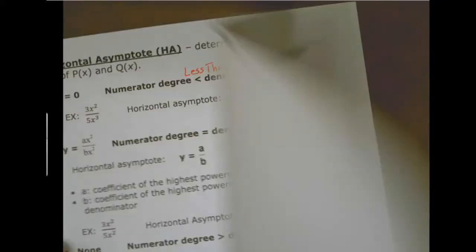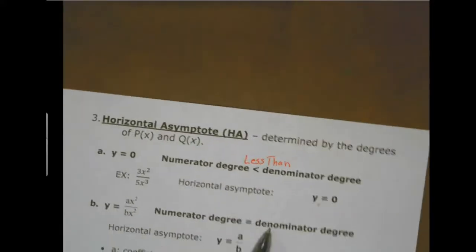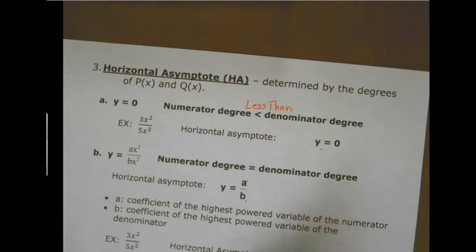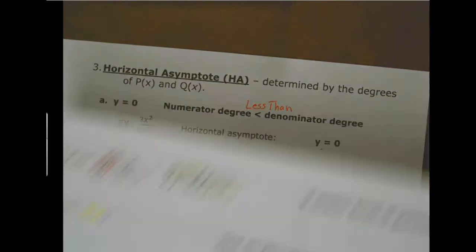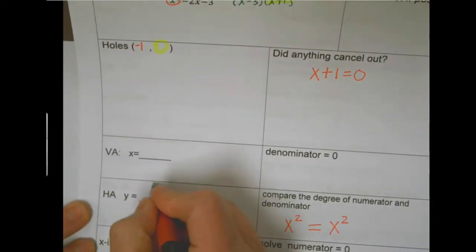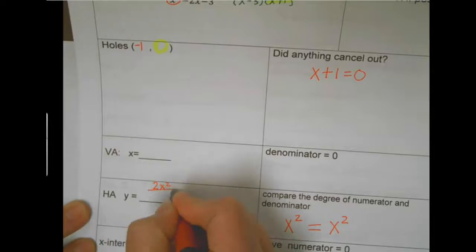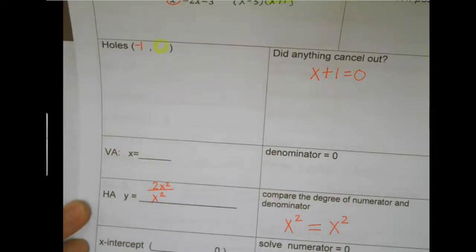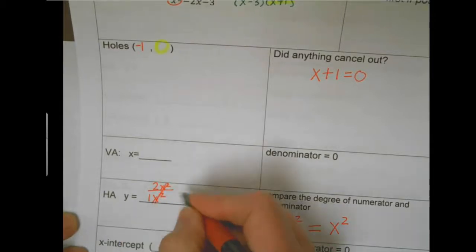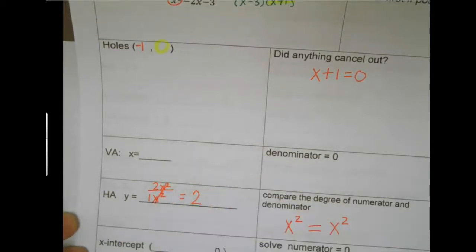What does my chart say if they're equal? Where does the A over B come from? In the numerator, it's 2x squared. In the denominator, it's just 1x squared. I don't care about all that's not there, but that's all that's going to affect the asymptote. What's going to happen to my x squareds? They're going to cancel out, and so the asymptote is going to be at 2.